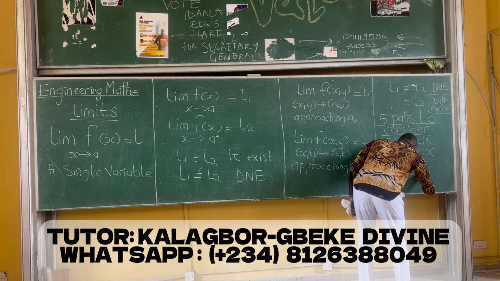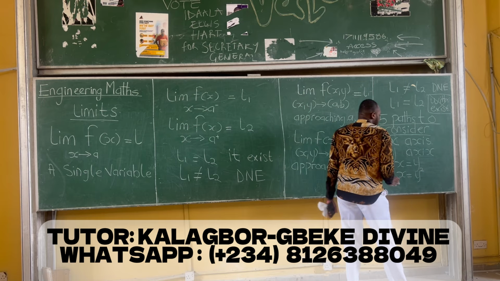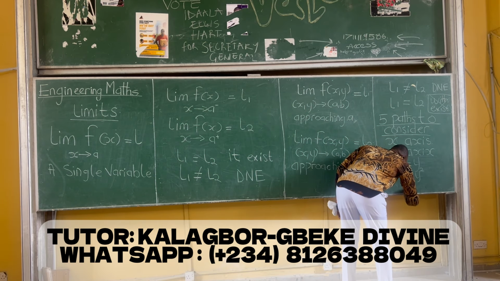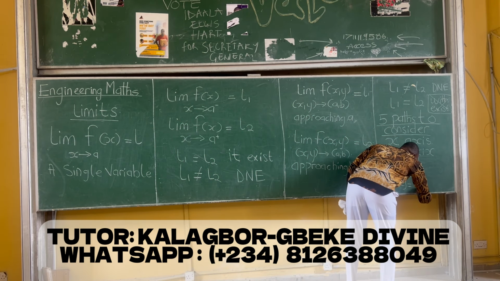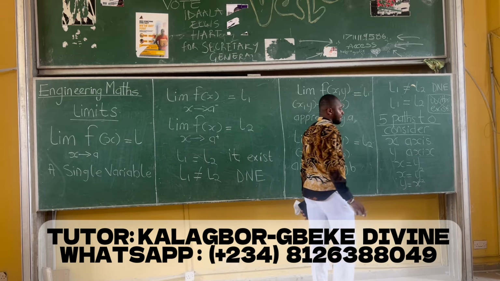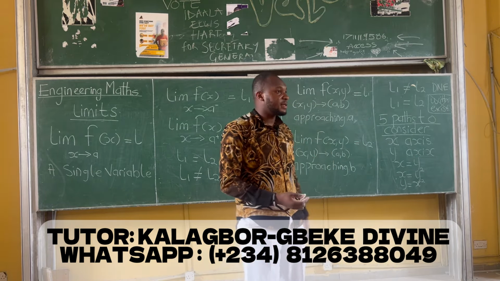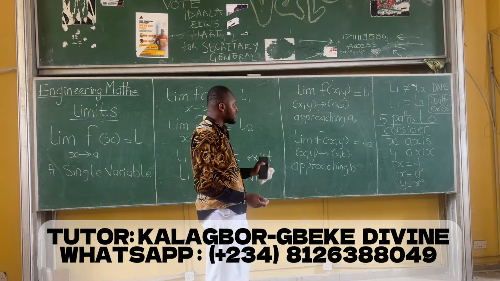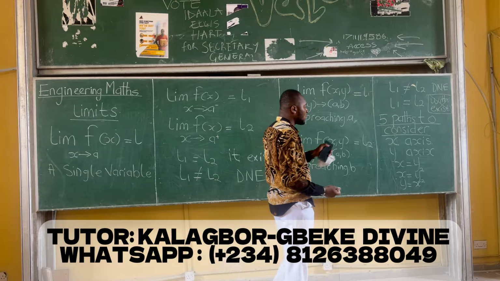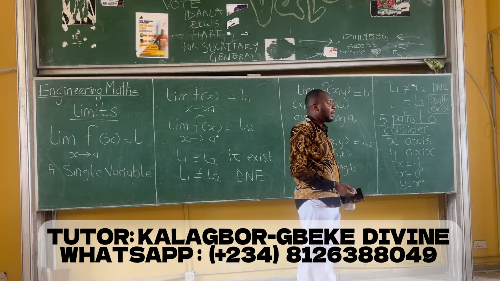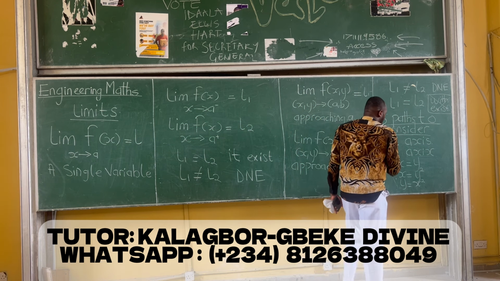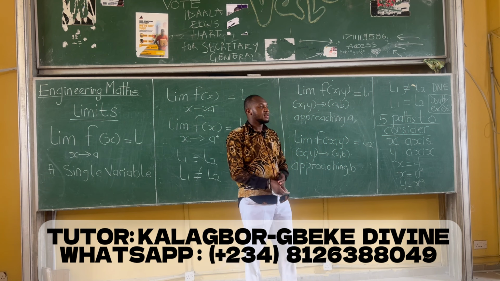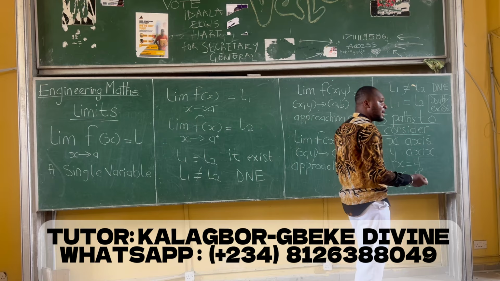When x is equal to y squared, which is going to give us a parabolic graph, and when y is equal to x squared. So when we've checked approaching from x, approaching from y, approaching along x equals y, approaching along x equals y squared and y equals x squared, and all the paths are giving us the same answer, then we can consider and say it exists.